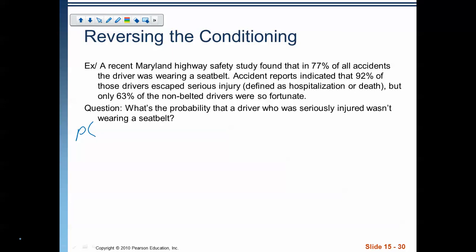Tell me what A and B are. Did you say A and B? Not correct, because this is a conditional probability.